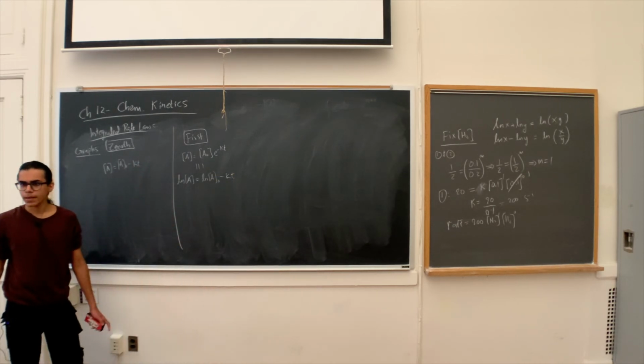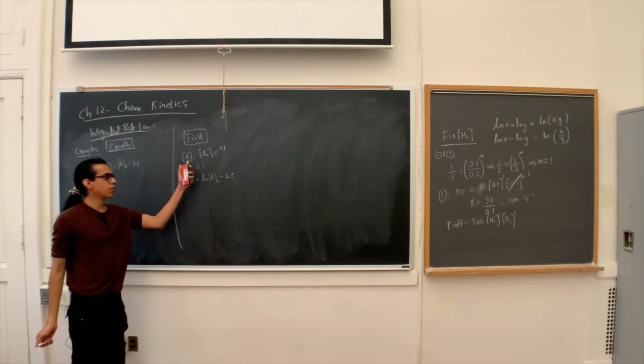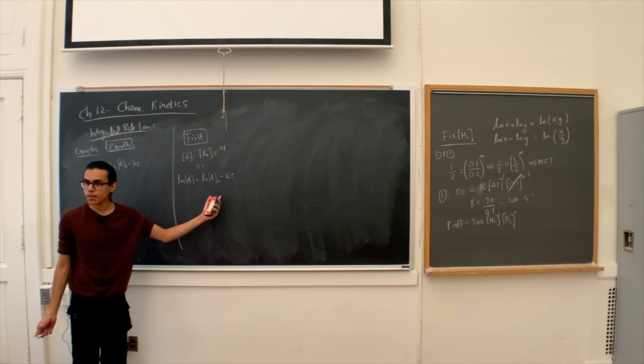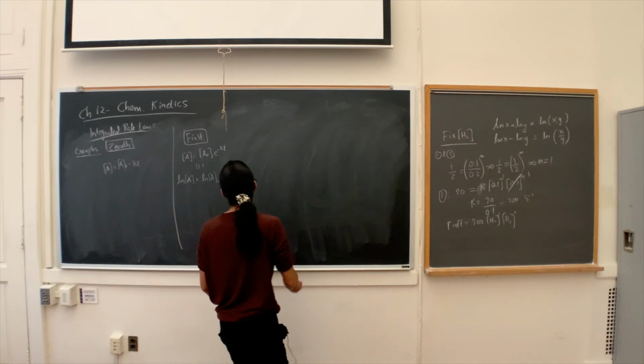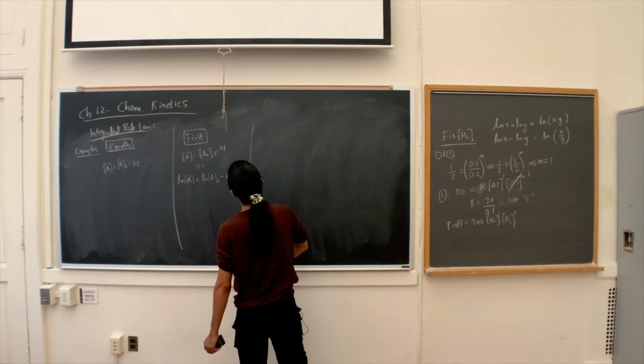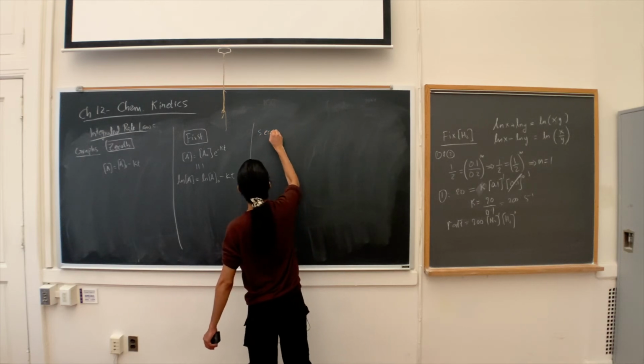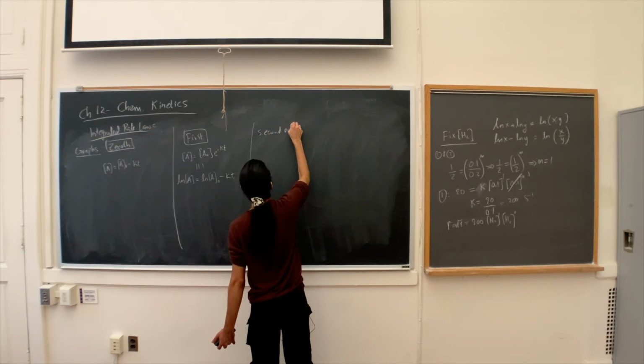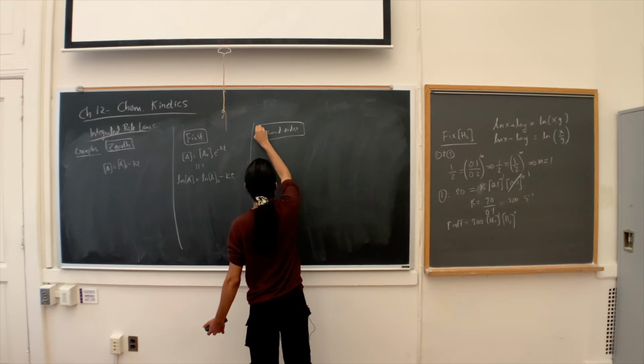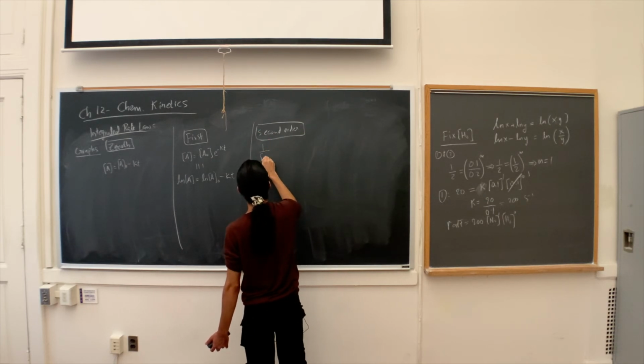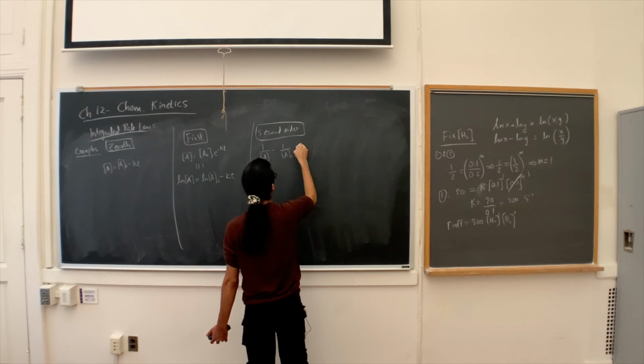This is before I e both sides. We have something like this. This is first order. And then lastly, we have second order, which was 1 over a equals 1 over a naught minus kt.